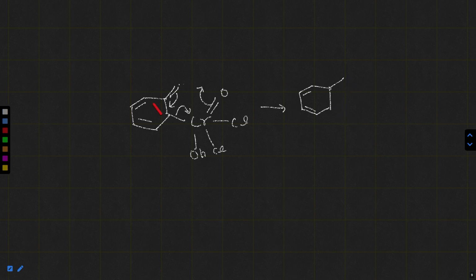So let me clarify with this. These are not complete bonds, they are just interactions. Then we have this thing which goes like this.